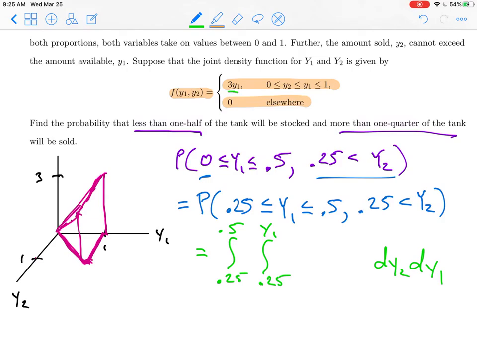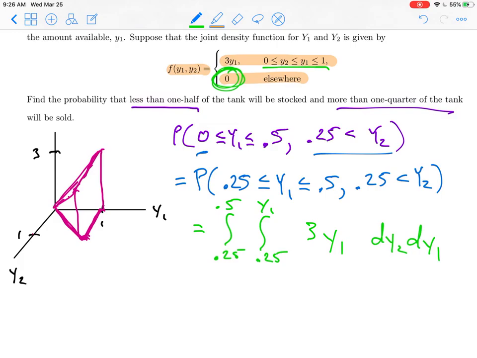And the density function that we're looking at is 3y1. Now in reality, we would be going off to infinity on the second one, in a sense, but we only have non-zero values in this range, so we can restrict our attention there.